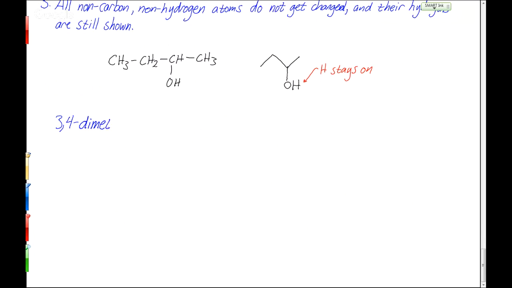So first one is 3,4-dimethylhexane, and the other one is 3-chloro-2-methylhexane. Let's see if we can draw structures for those 2 molecules.